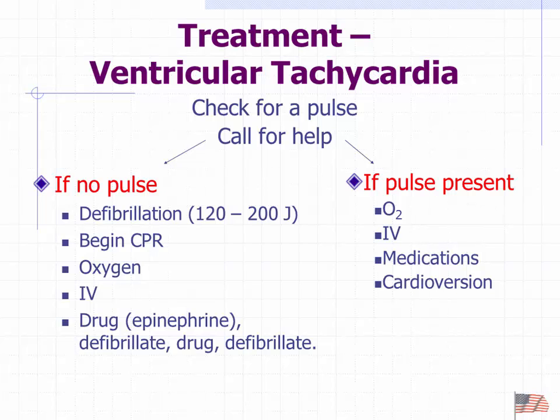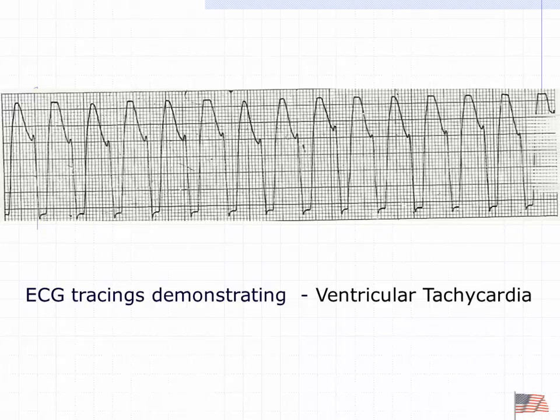If no pulse, we're going to begin CPR. Okay. If it's not generating a pulse, then we've got to generate the pulse. So we start CPR and we begin defibrillation. If you've got a pulse, there are some medications that can treat it. But the key part is check for a pulse first. If I see this on a monitor, check for a pulse.